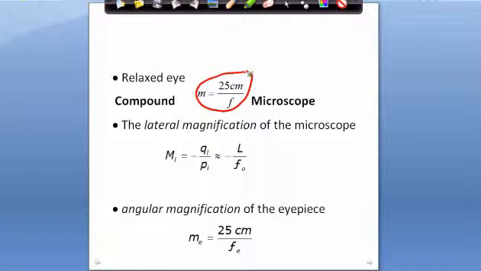Next we look at the microscope, the compound microscope. For the microscope, there are two magnifications because the microscope has two lenses, one at the eyepiece and the other one what we call the objective lens.